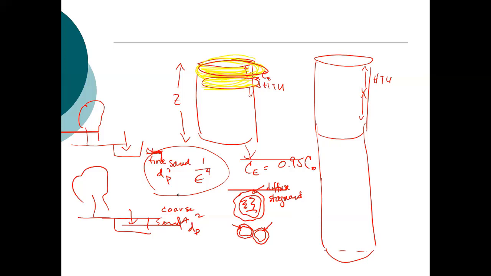I haven't done it here. In any plant, you would do an energy grade line and a hydraulic grade line for that plant in order to determine the head loss through the plant and determine whether you need pumping.